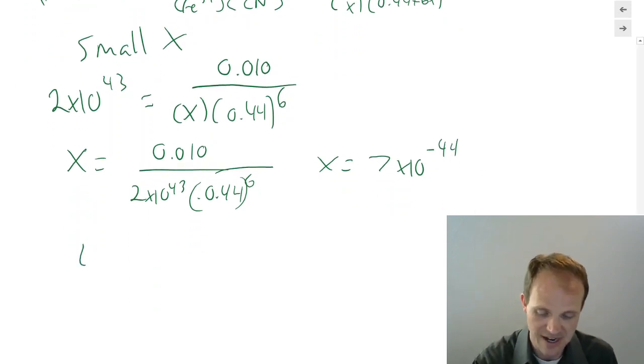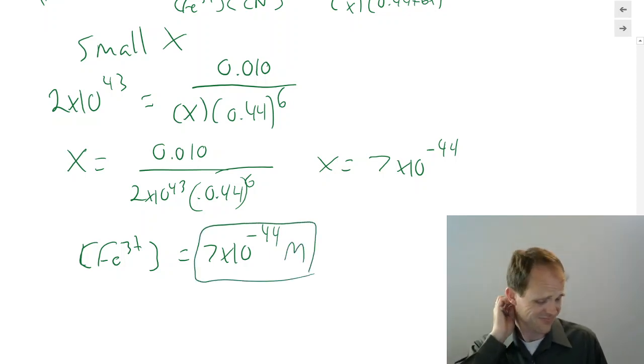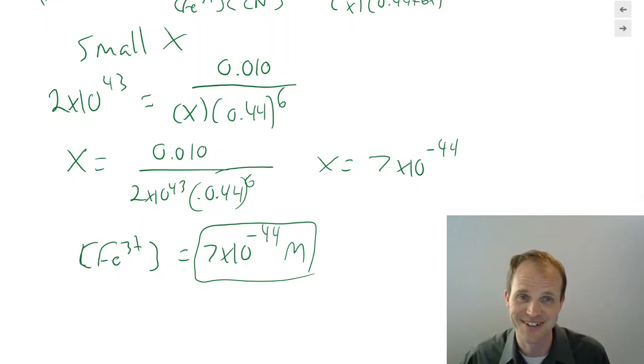Which means my iron concentration is 7 times 10 to the minus 44th molar. That's a tiny number. That is the tiniest number you will ever run across. If you convert that to molecules per liter, you're going to multiply that by 10 to the 23rd.